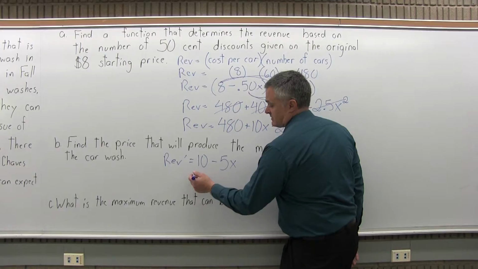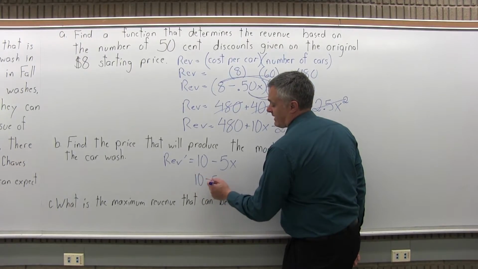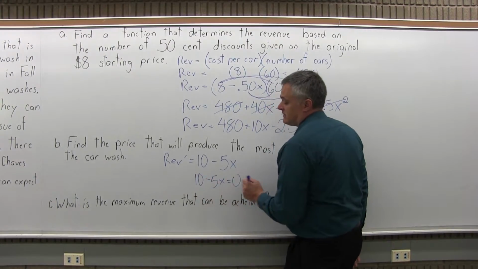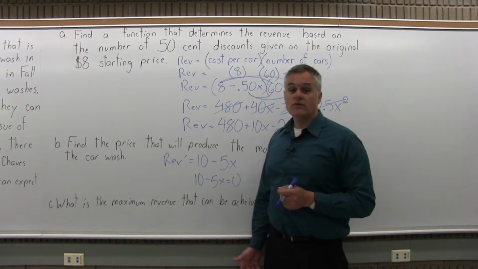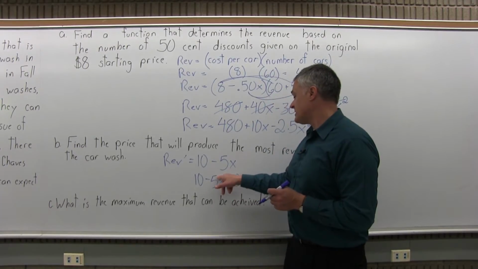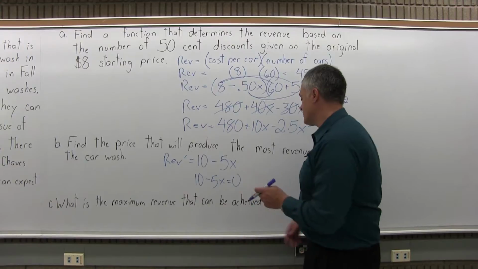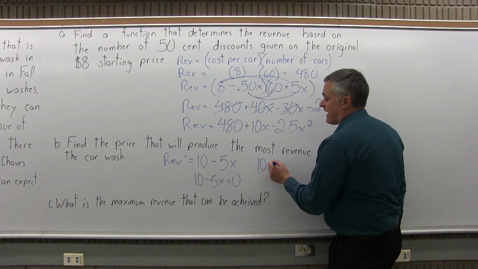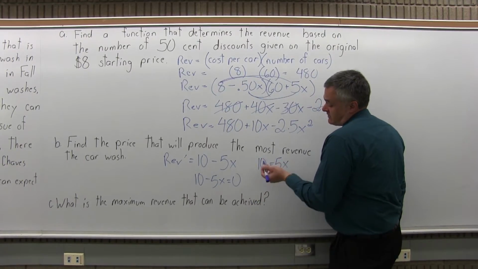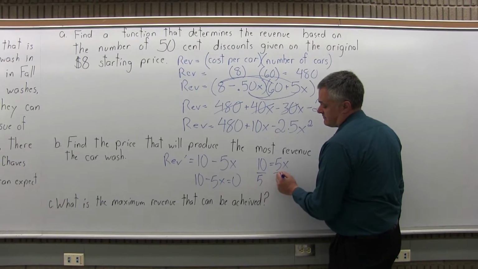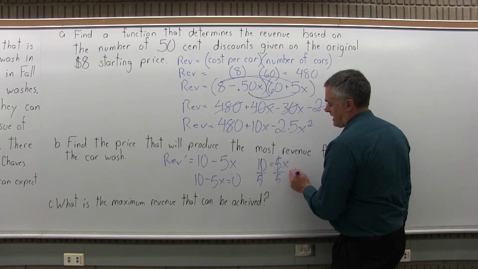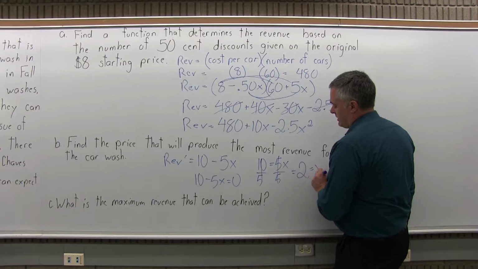So 10 minus 5x equals 0. And now solve it. That's pretty easy to solve. Just take the minus 5x, pull it to the right side of the equals, and I'll have 10 equals 5x. And if you divide out the 5, you'll have 2 equals x.